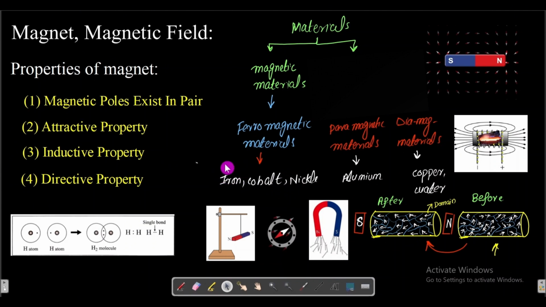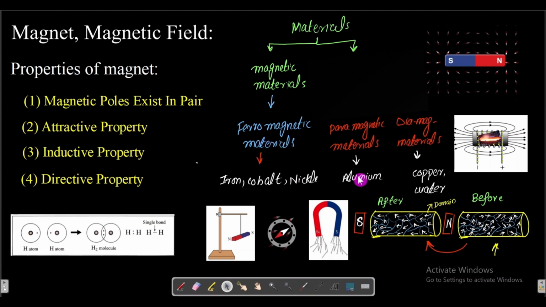If we bring iron near the permanent magnet, a force of attraction will be present between the iron and this permanent magnet, and therefore we characterize it as a magnetic material and call it a ferromagnetic material.